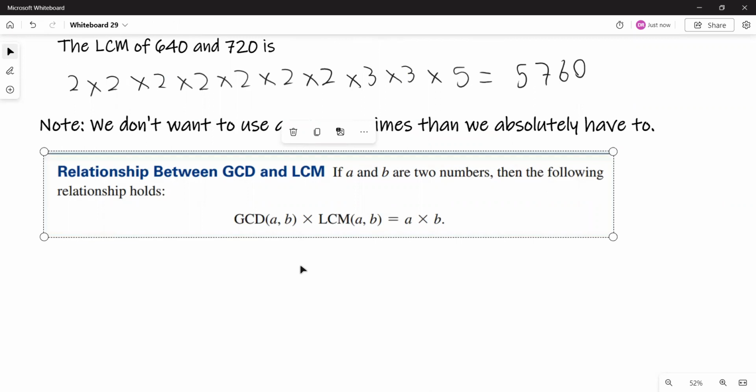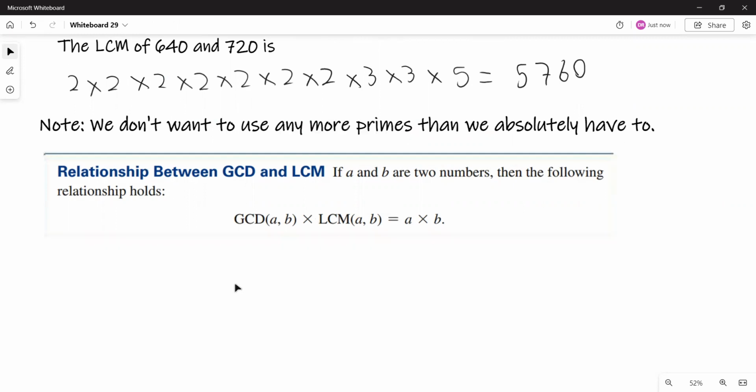If A and B are two numbers, then the following relationship holds. The greatest common divisor of A and B multiplied by the least common multiple of A and B equals the product of A and B.